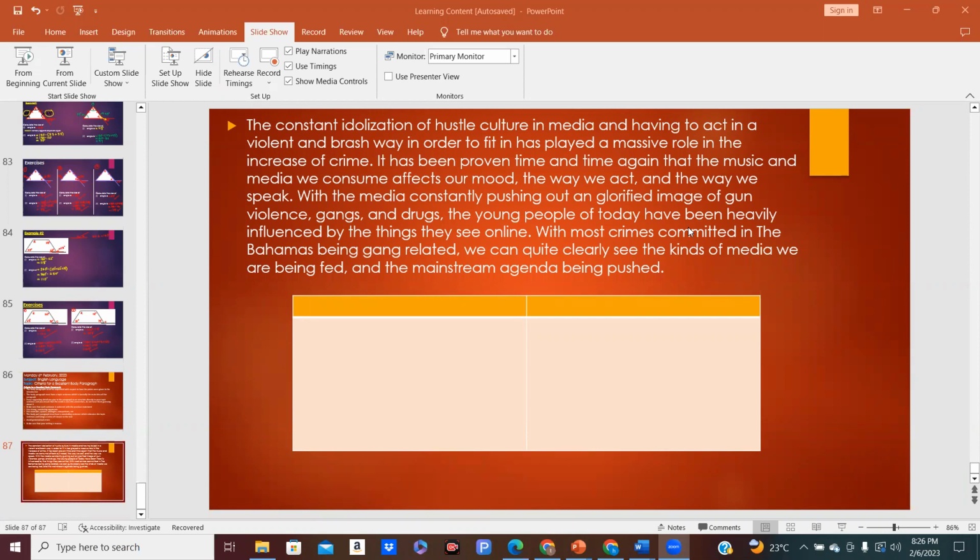The constant idolization of hostile cultures in media and having to act in a violent or brash way in order to fit in has played a massive role in the increase of crime.